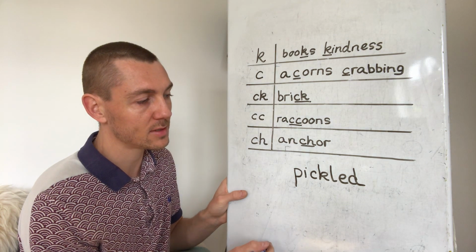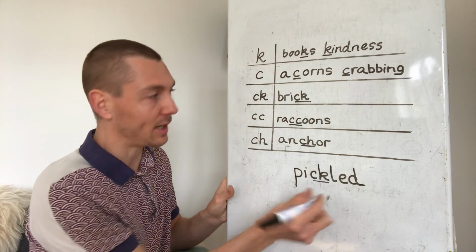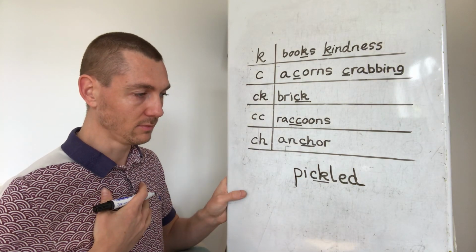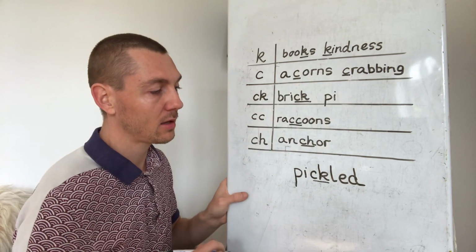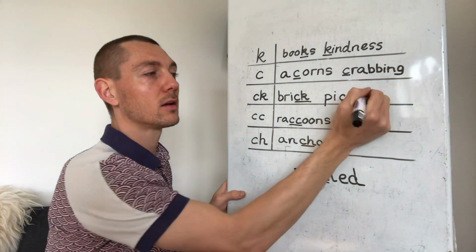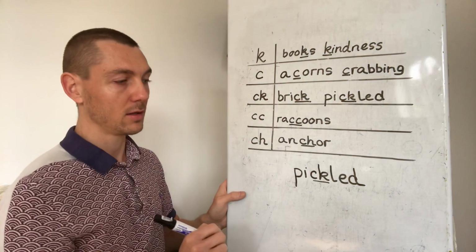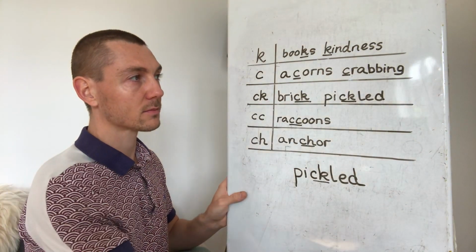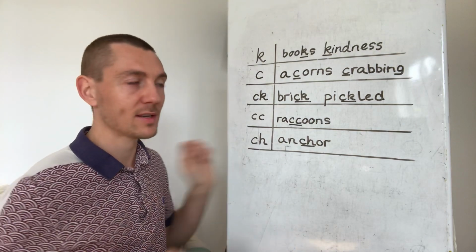Pickled. And we can see the CK spelling, can't we? And we say P, I, C, K, pickled, K, U, D. Pickled. Okay, good stuff. We're going to move on to our sentence work, okay?